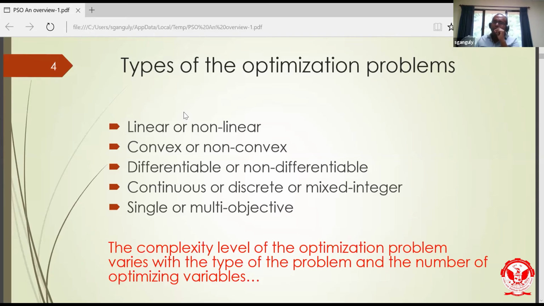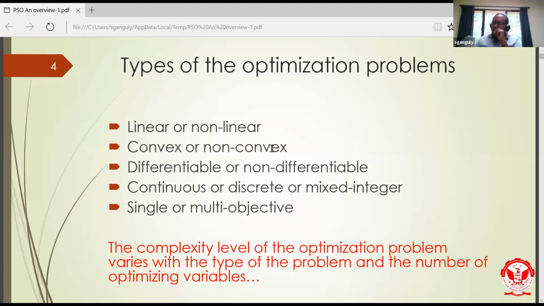Now based upon another property, that is called convexity, we also categorize different kinds of optimization problems as convex problems and non-convex problems. So a convex function has some property, you can find it.